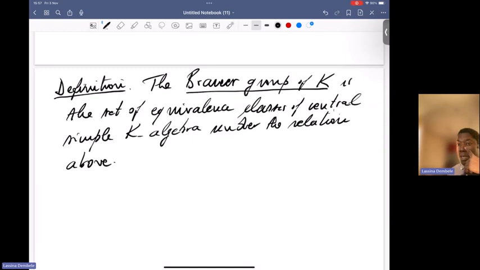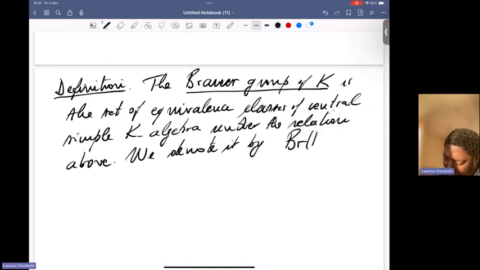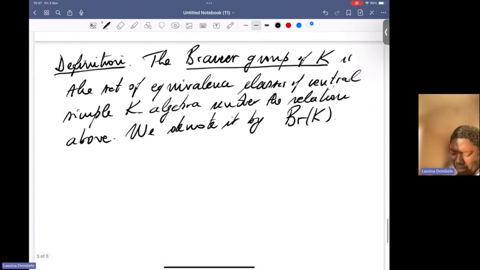And what makes this even nicer is that we denote it by Br(K). And the key thing is that it's even an Abelian group.